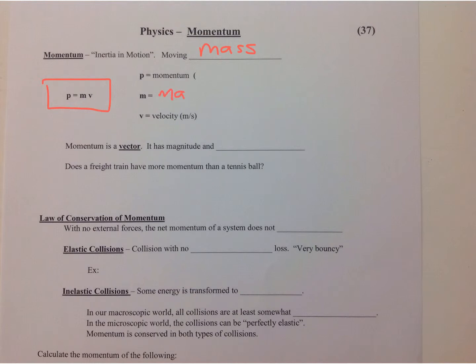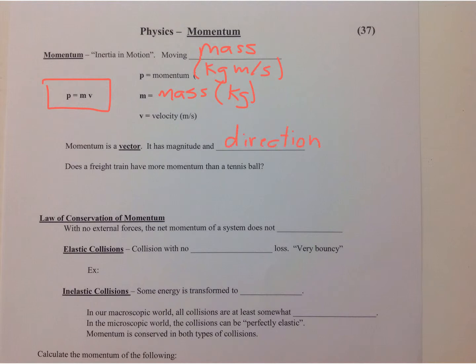We want our mass measured in kilograms in these problems, so convert to kilograms if they're not in kilograms. v is going to be the velocity in meters per second, which means momentum will have units of kilograms meters per second. So those are the units for momentum, which is kind of strange, but kilograms times meters per second will be the units. Momentum is a vector. It has magnitude and direction.